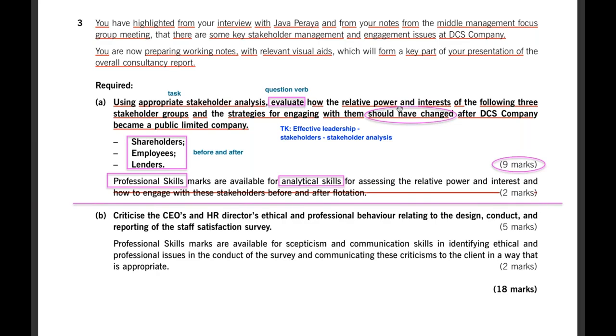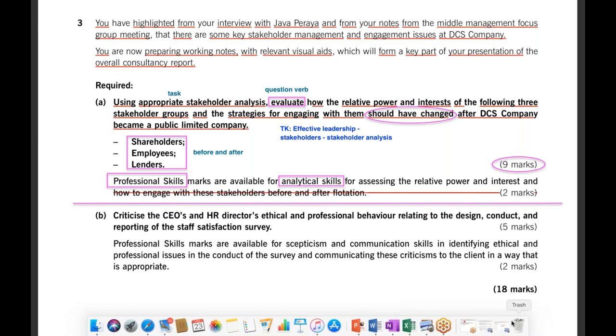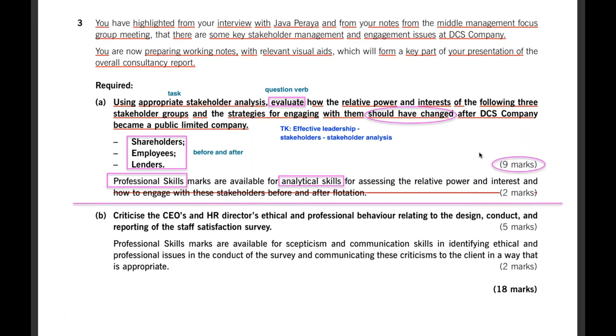Automatically, when you look at these keywords here, they should have changed after they become this. That means there must be before and after, even if these are not actually given. So any questions so far before I move on to what we are going to have today? All right.